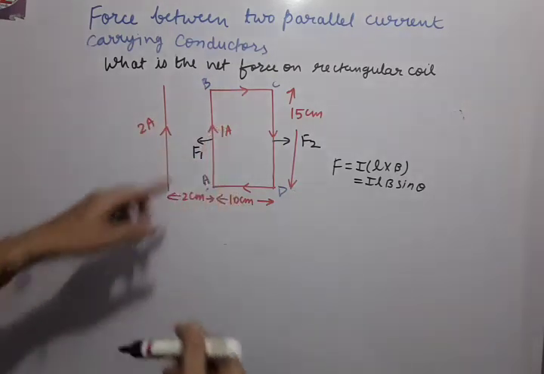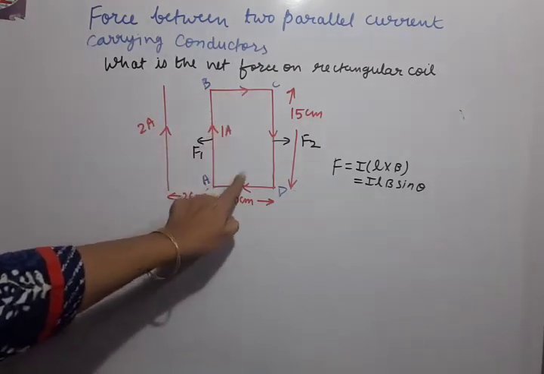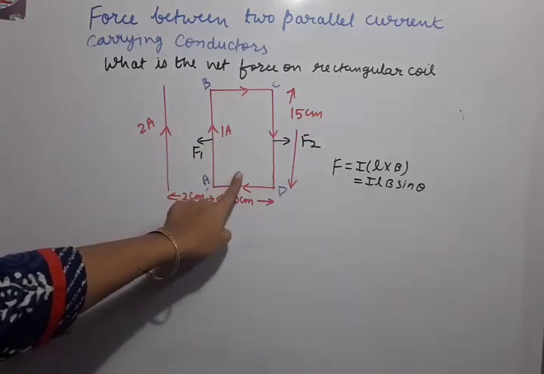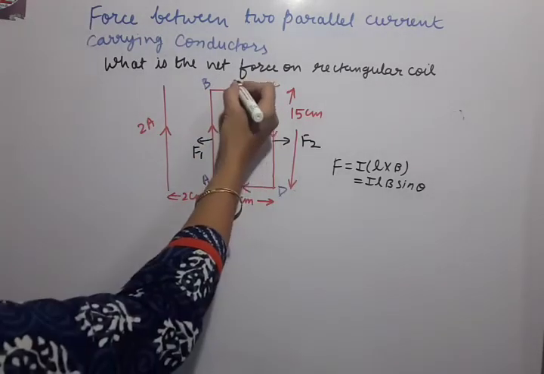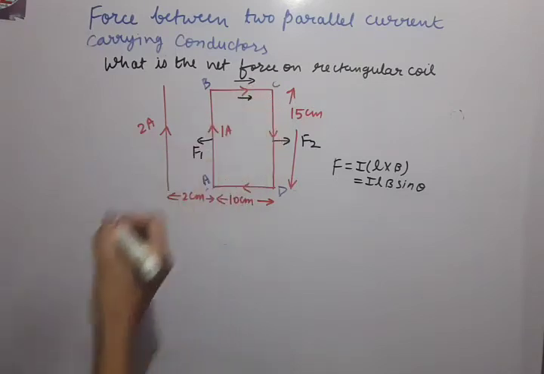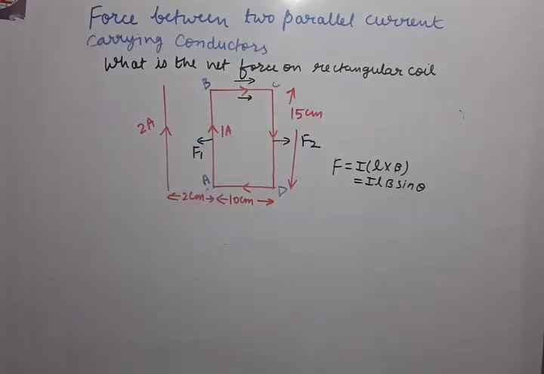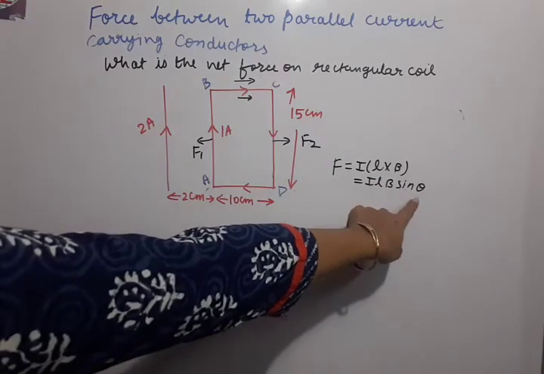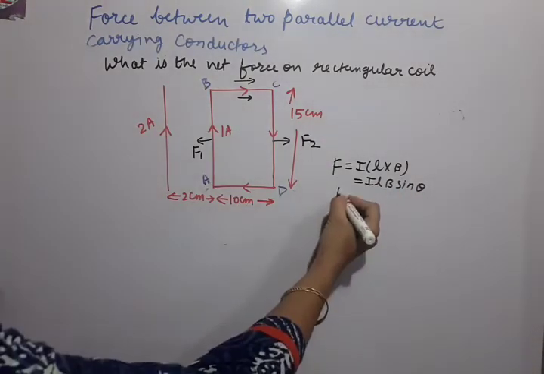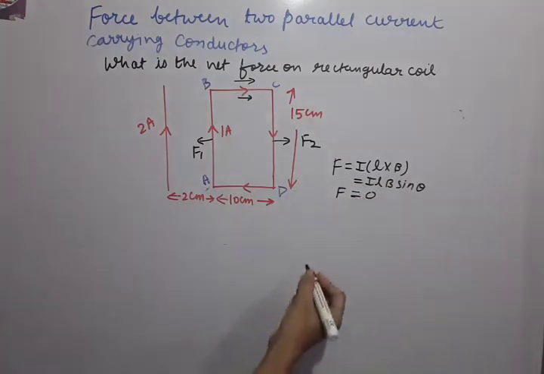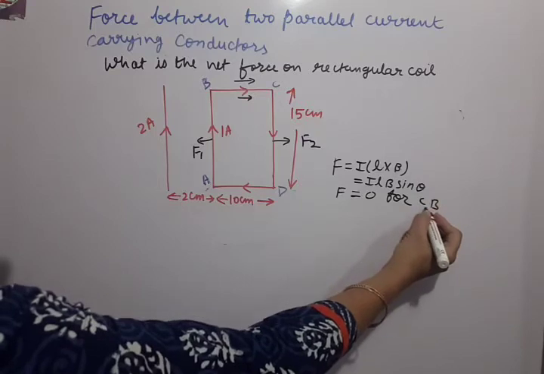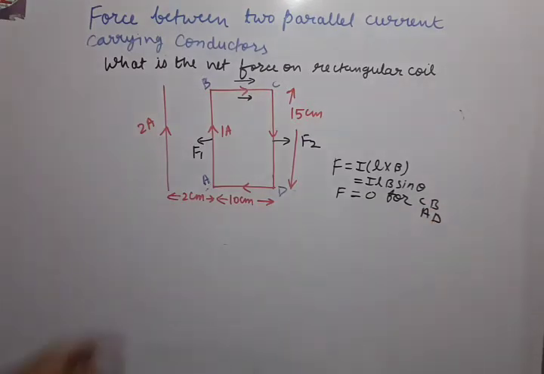So for this and this case, the magnetic field is coming parallel to these currents. Like the current is in this direction, the magnetic field is also in this direction only. So when L and I and B are in the same direction, theta is 0, so force is 0. So force is 0 for which sides? CB side and AD side.